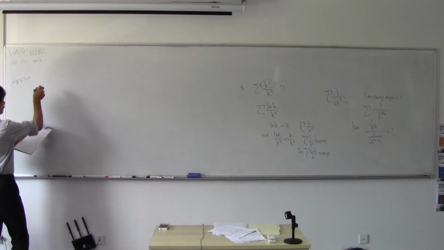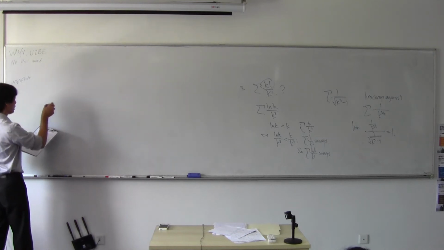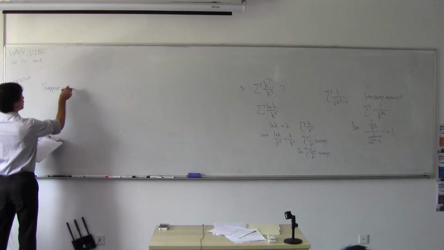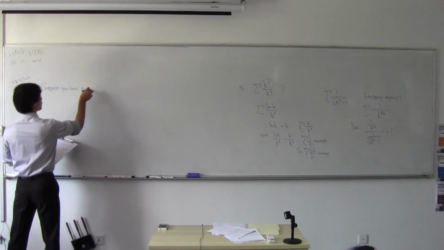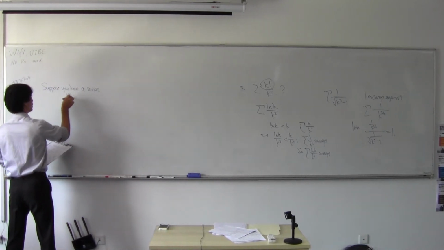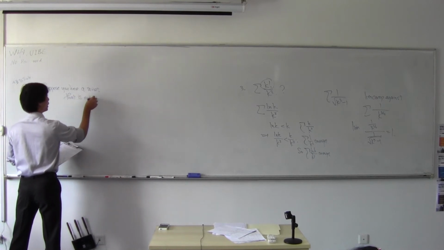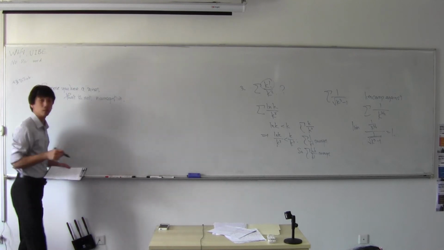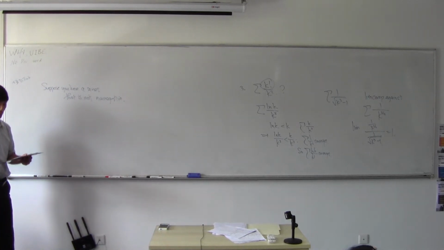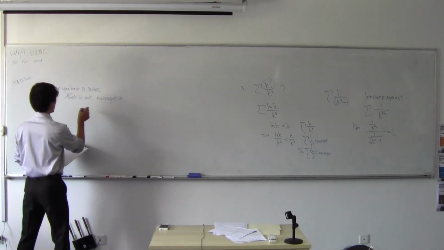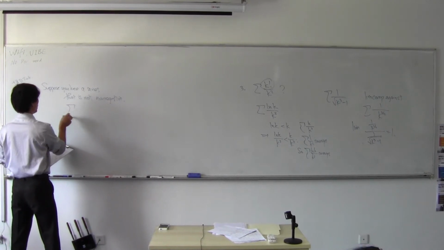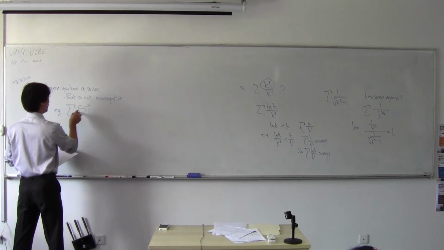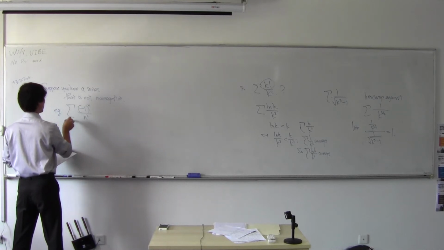Okay, so suppose you have a series that is not non-negative. You have some series that has negative numbers in it. For example, summation of minus 1 to the n over n squared.